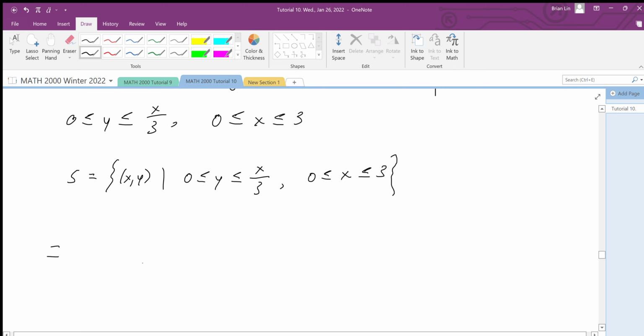So we can now express the integral like this. But now it's going to be dy dx as opposed to dx dy. And since we're integrating over y first, we treat the x as a constant.